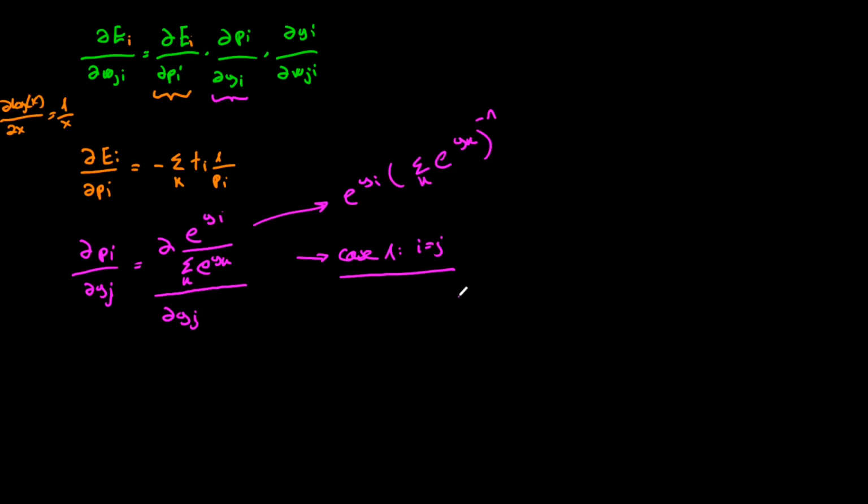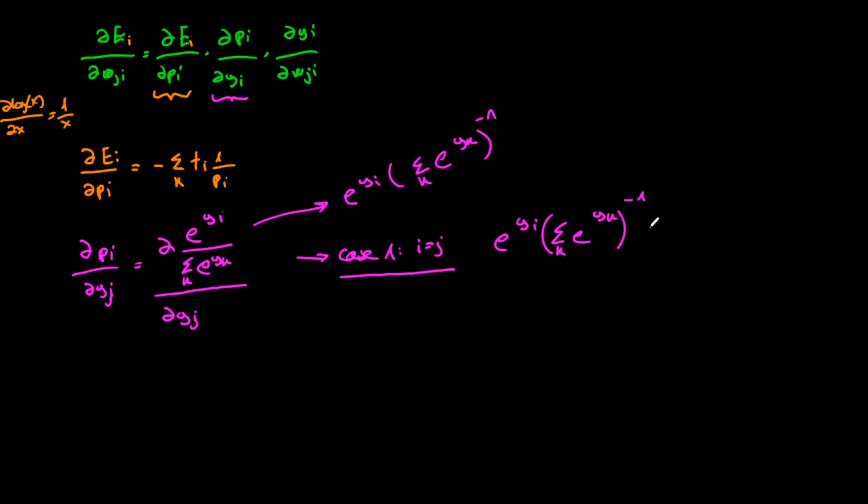For me, it's more clear when I apply the product rule. So the derivative of this is the derivative of the first term, and because y equals j, it stays there. So this is the same as e to the y sub I multiplied by the rest, the summation over k of e to the y sub k, to the minus 1.